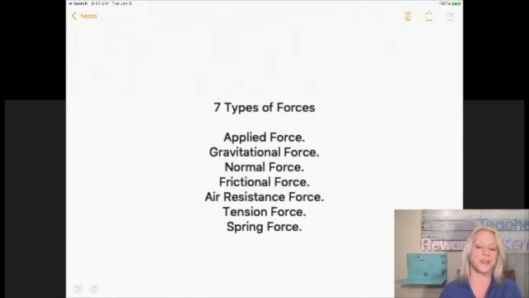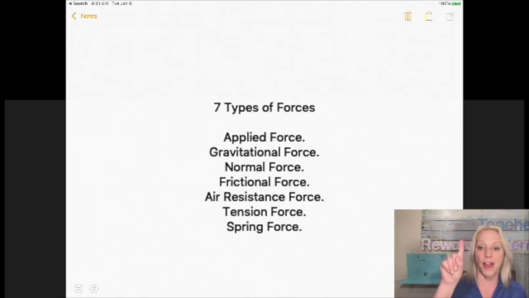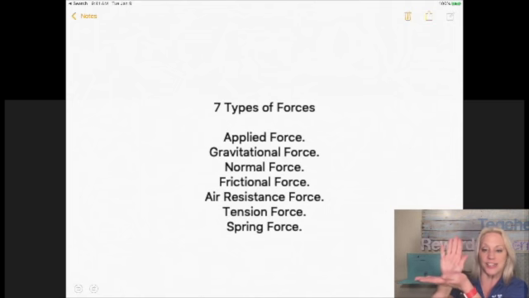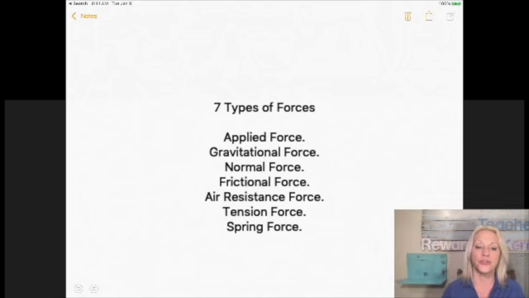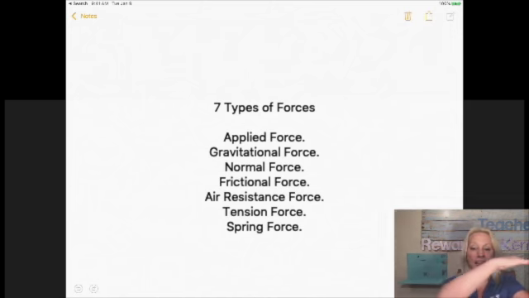Okay, just to recap those 7, we have applied force, which can be a push or a pull. Gravitational force, which is the force that acts down on an object, bringing it towards Earth. Normal force that acts up on an object, keeping it from falling through at whatever surface it is sitting on. Frictional force, which is in the opposite direction of the applied force, so it slows the object down.